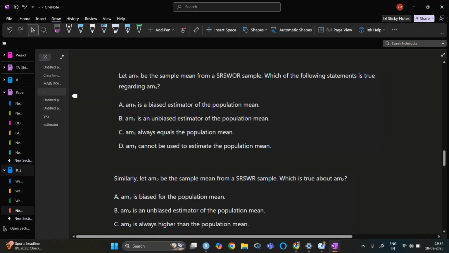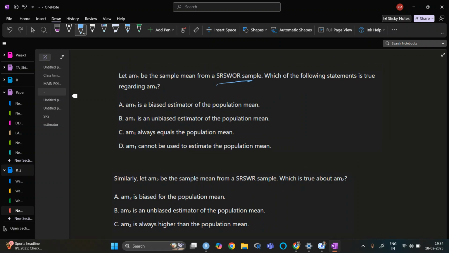Okay, the next question is: let the sample mean be for an SRSWOR sample, and which one of the following statements is true. We have just seen in the previous question that it is an unbiased estimator of the population mean.